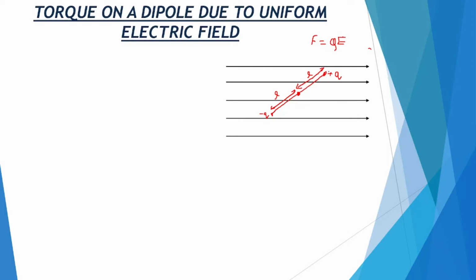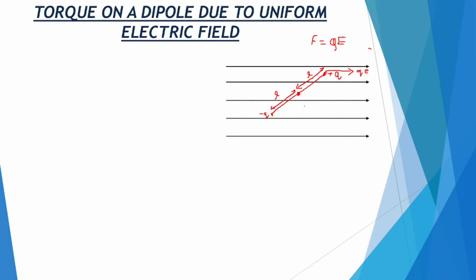So for a positive charge kept in an electric field, the direction of force due to this electric field on this charge will be in the direction of the field. So since the field is in this direction, our force on our positive charge will be in this direction, and the magnitude of force is qE.